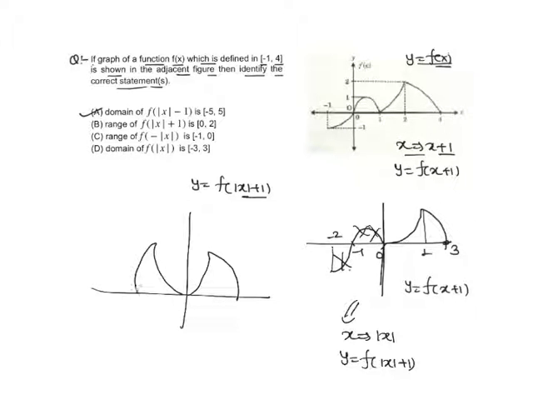So we'll get the mirror image of the right hand side is this one. So this is -3, this is 0, this is 3, and this is -1, this is 1. This value is 2. So we can say the range of this function is 0 to 2, closed interval. So option B is correct.